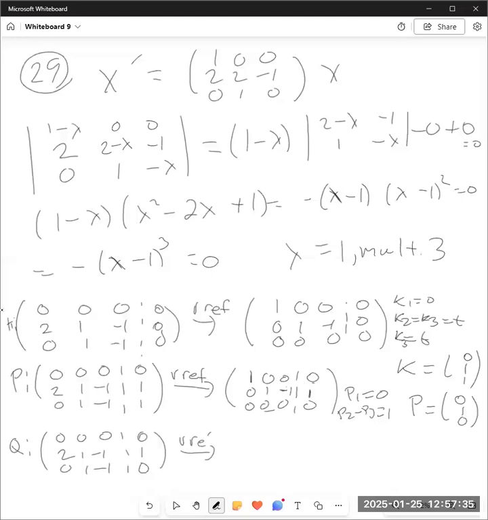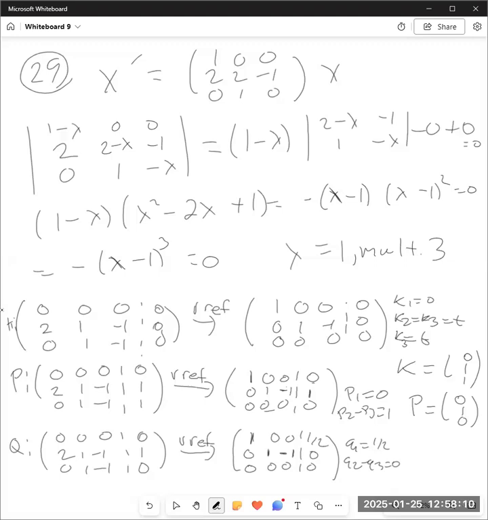I'm going to RREF to help me come up with Q. I come up with 1, 0, 0, 1/2, and then 0, 1, -1, 0, 0, 0, 0, 0, which is Q1 equals 1/2, Q2 minus Q3 equals 0.